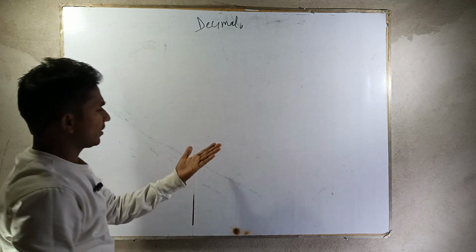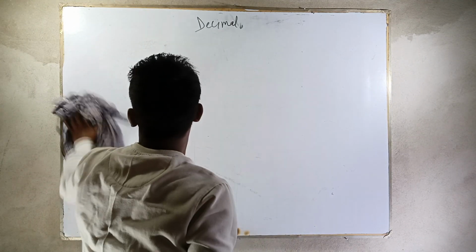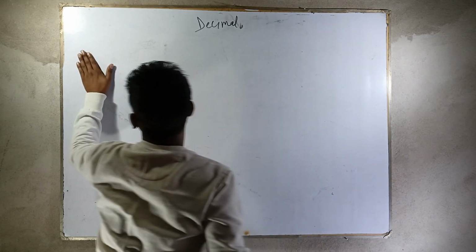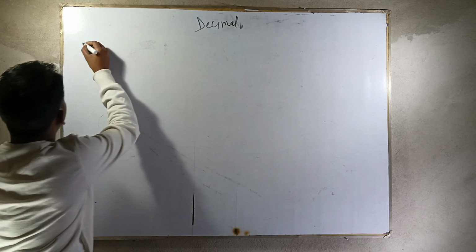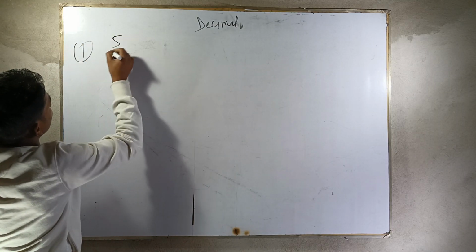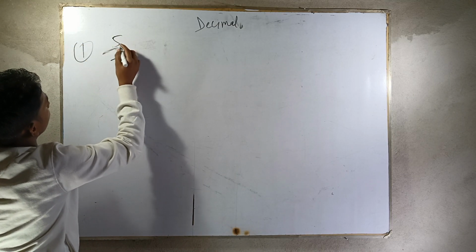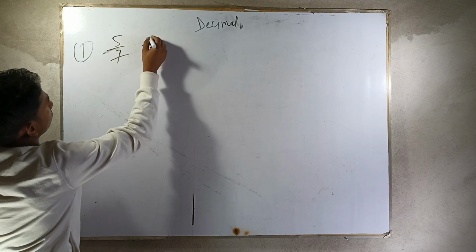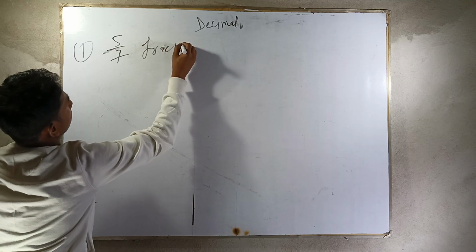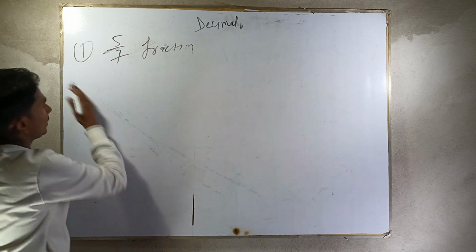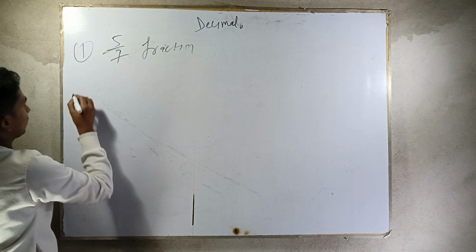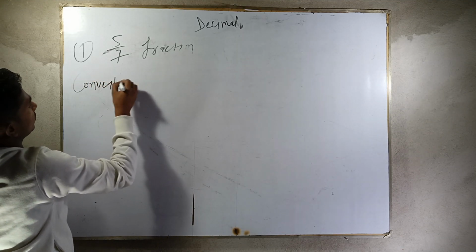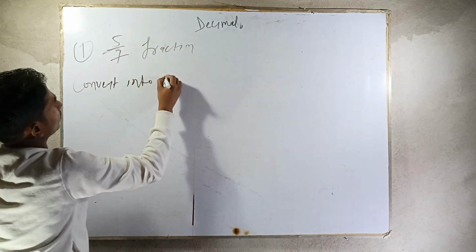So how can you write a fraction as a decimal? Suppose a fraction is given, 5 by 7, and it says convert into decimal.